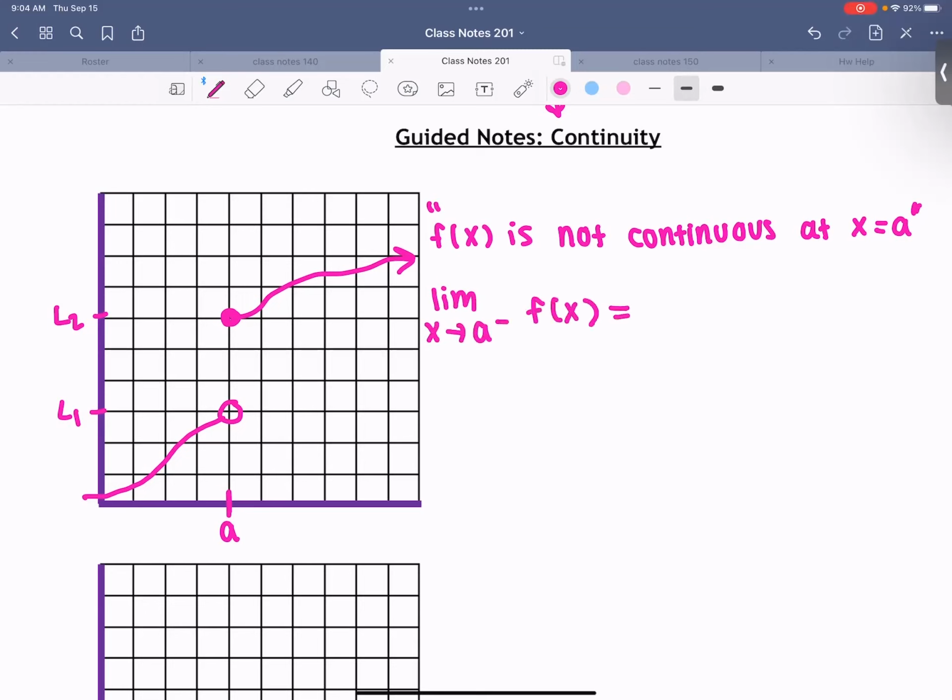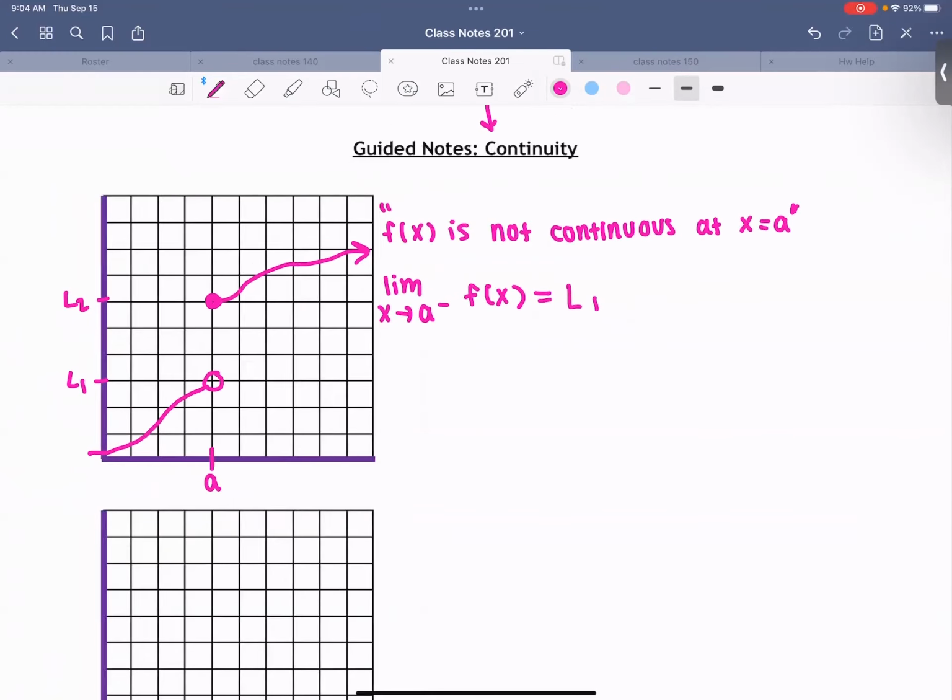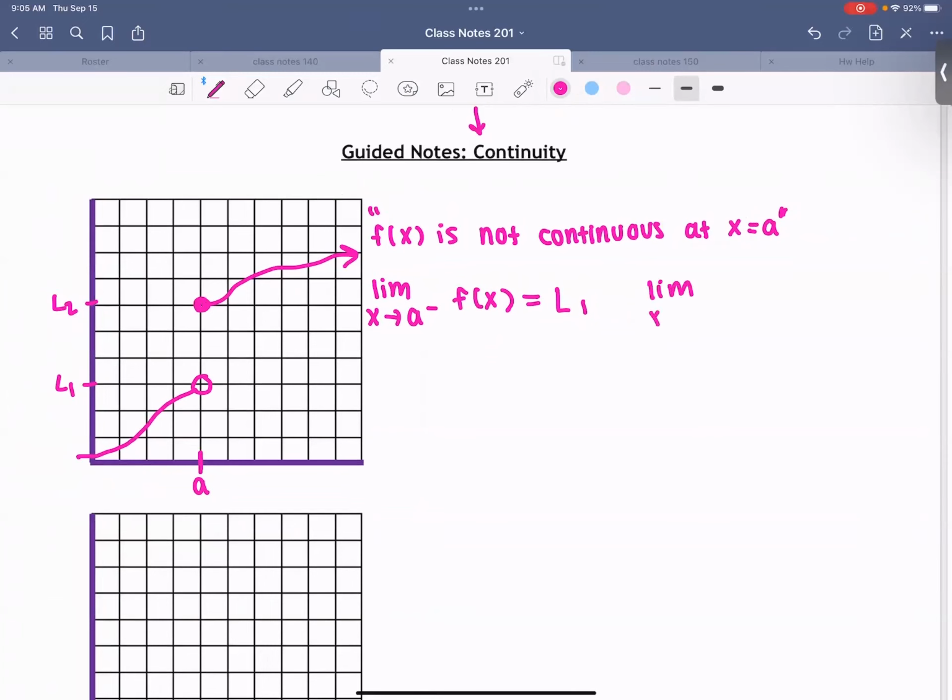What's the limit as x approaches a from the left looking at the graph? L1, good. The function's at height L1 as we're going to the left. And from the right, we've got the limit as x approaches a from the right of f of x. What's that limit? L2, good.